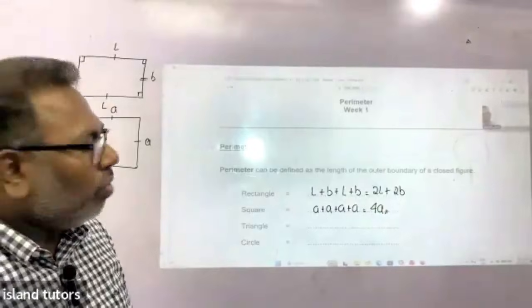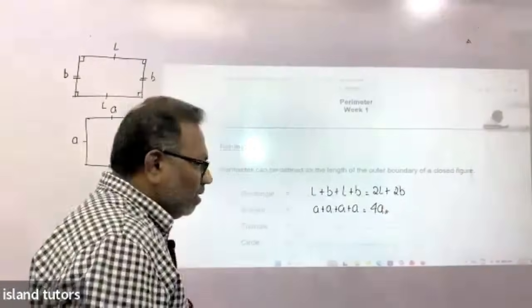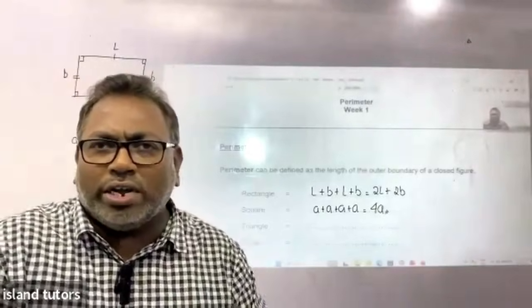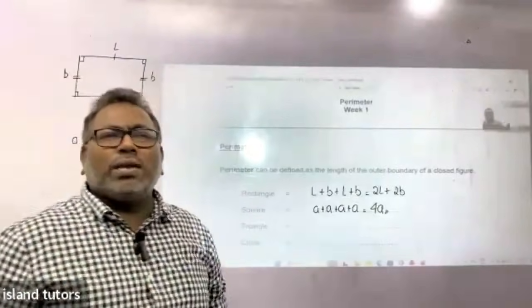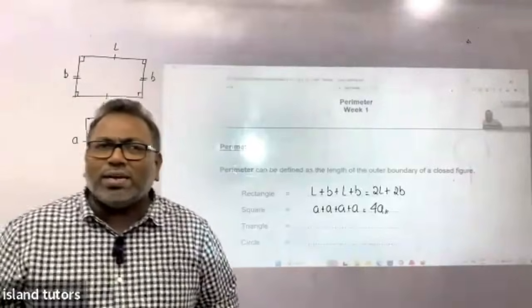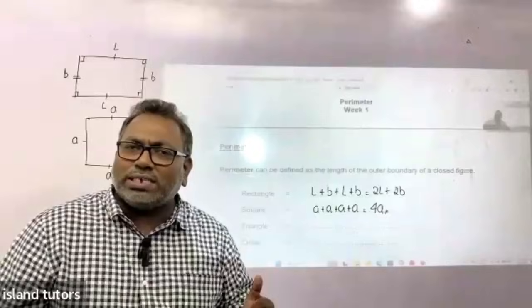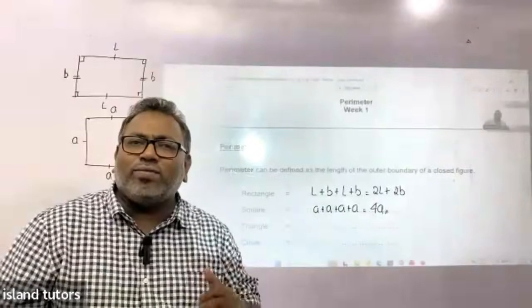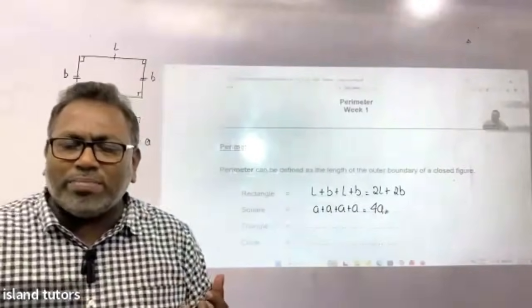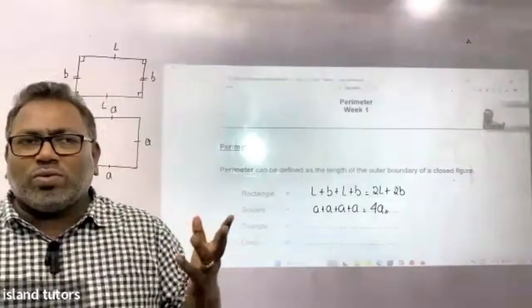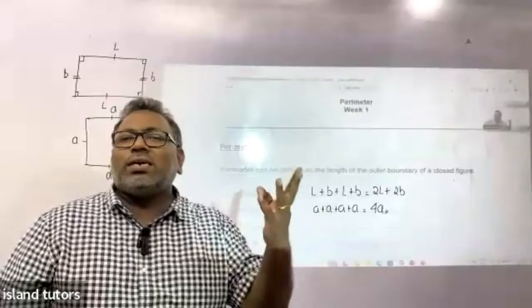Then triangle. Triangles can be classified according to their sides and also according to their angles. According to sides: triangles which have all sides equal are equilateral triangles. Triangles with two sides equal are isosceles triangles.